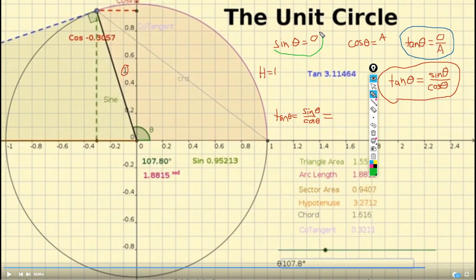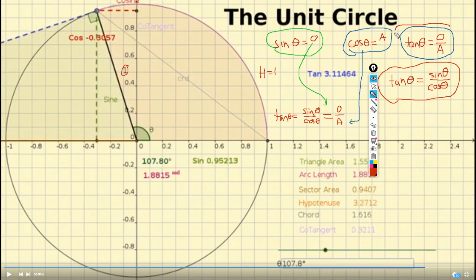Sine of theta is equal to O, right? And cosine of theta is equal to A. So doesn't that mean if sine of theta is O and cosine of theta is A, then this is just O over A? Tangent of theta is O over A.